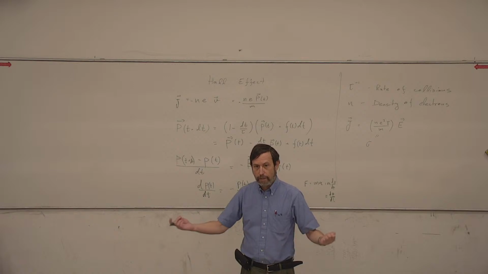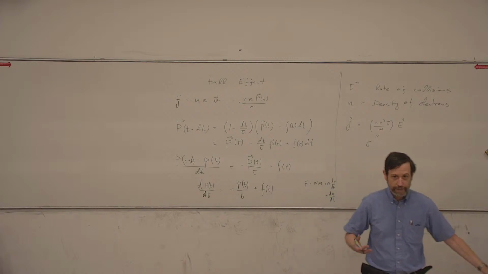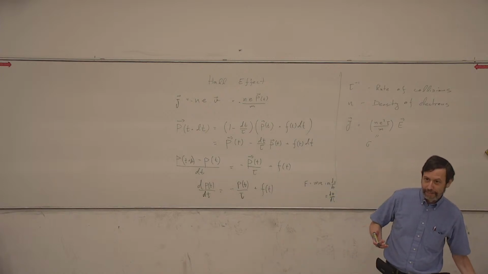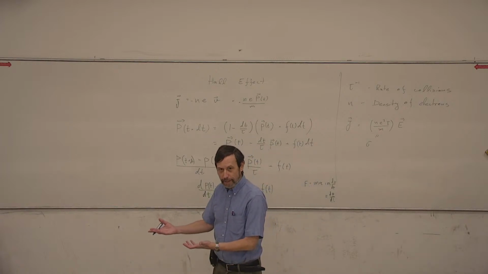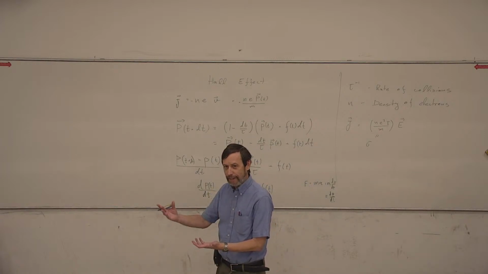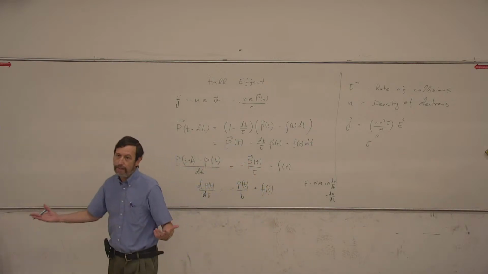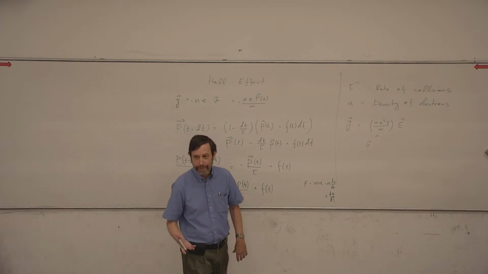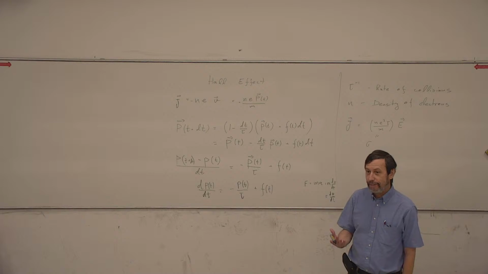If I'm accelerating it in free space, it will accelerate forever, at least if I ignore relativistic corrections. On the other hand, if I'm in the metal, I'm accelerated, hitting the ions, losing the energy, continuing. And as we know, one of the basic properties of resistivity is that the resistor gets hot.